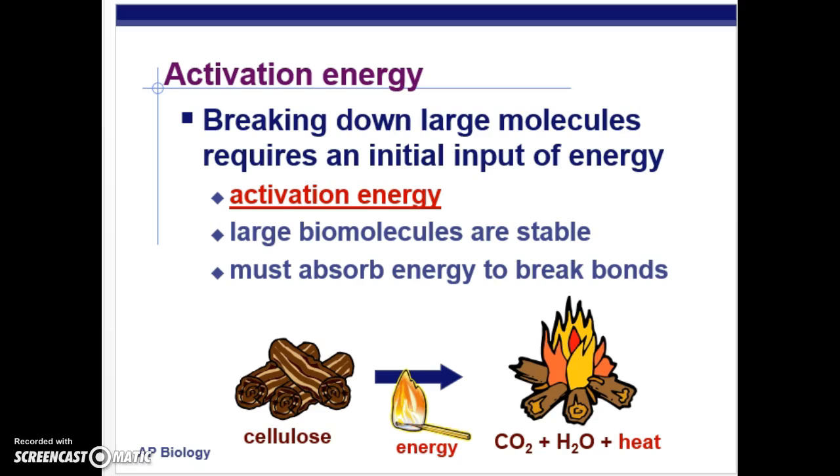A lot of times we think of activation energy as only being associated with enzymes. But actually, activation energy can be supplied in the form of thermal energy, so that the reactant molecules absorb that thermal energy from the surroundings, which accelerates them so that they collide more often with more force.